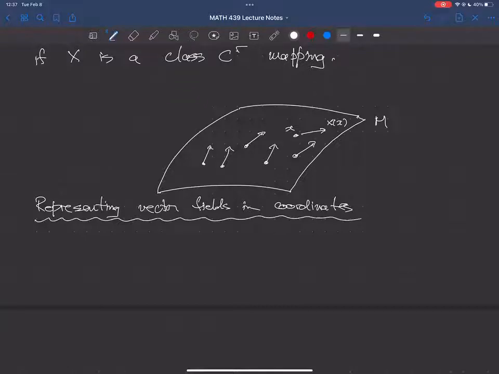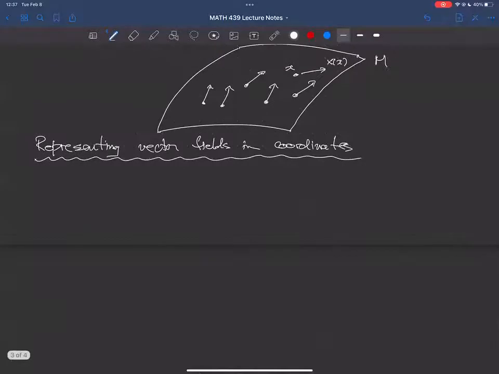Okay, and by representing, I mean representing in a set of coordinates. All right, so first of all, we have a manifold and a chart.